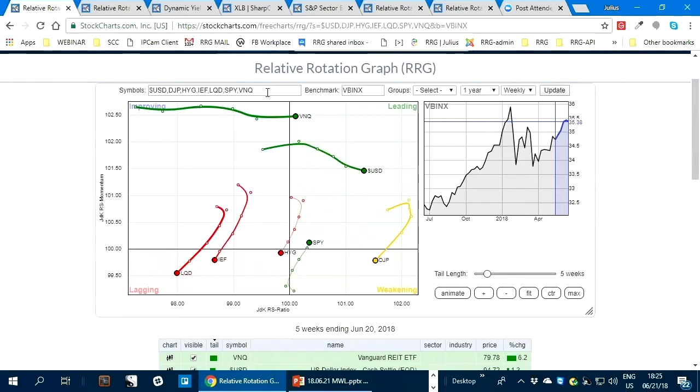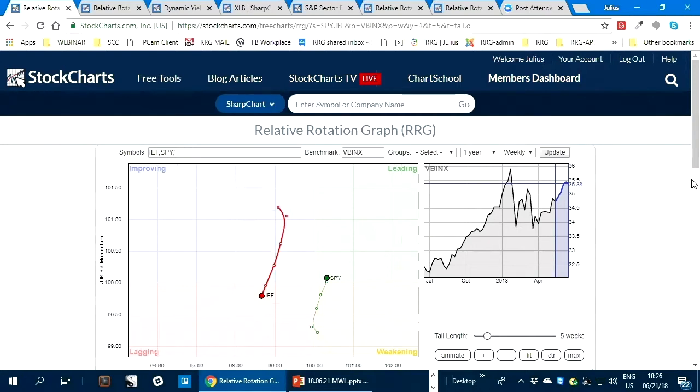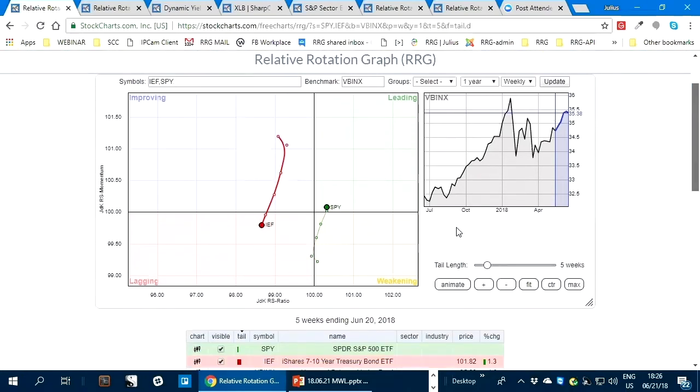If I limit my chart to SPY and IEF, this is a closed universe. By the way, it's a great chart. You just use these two ETFs and VBINX to answer the question whether you want to be invested in stocks or in bonds.